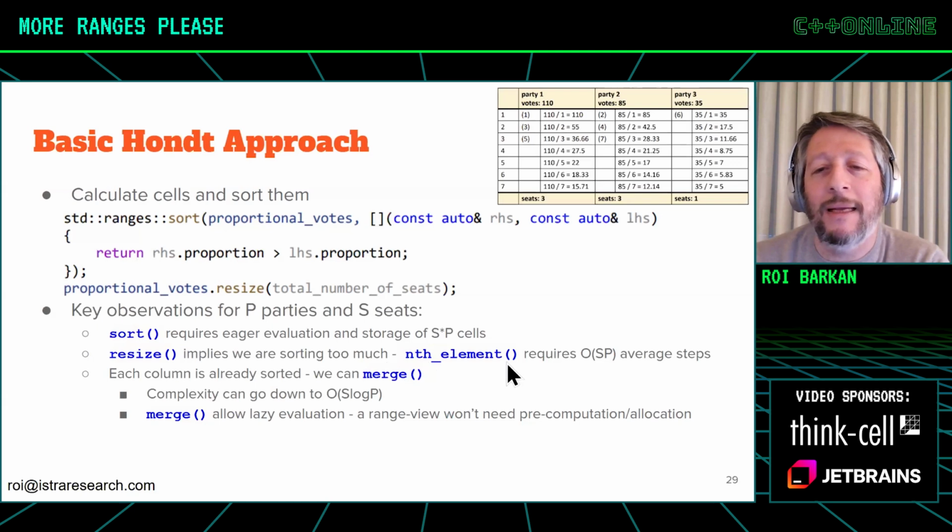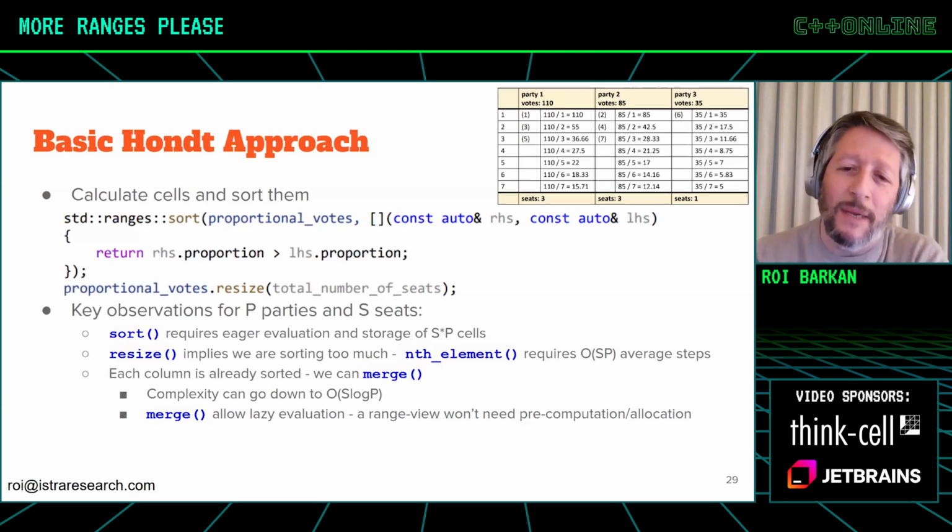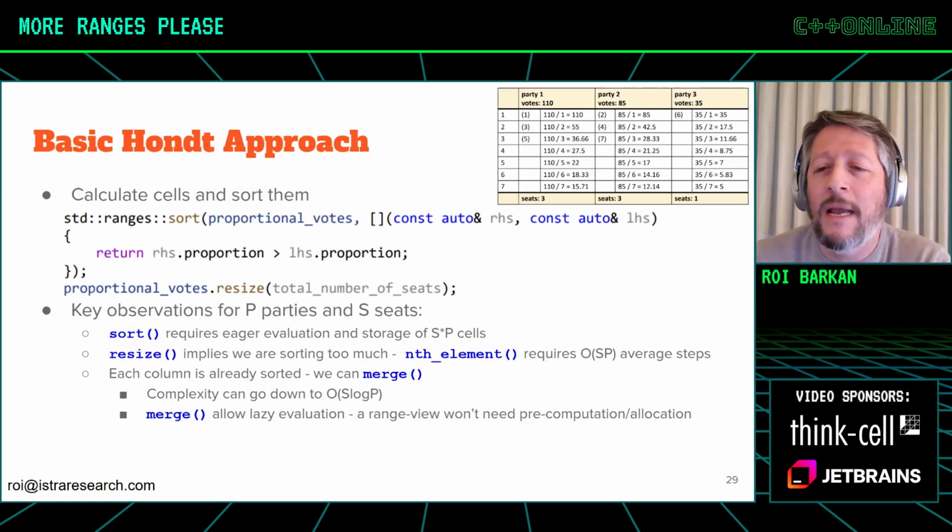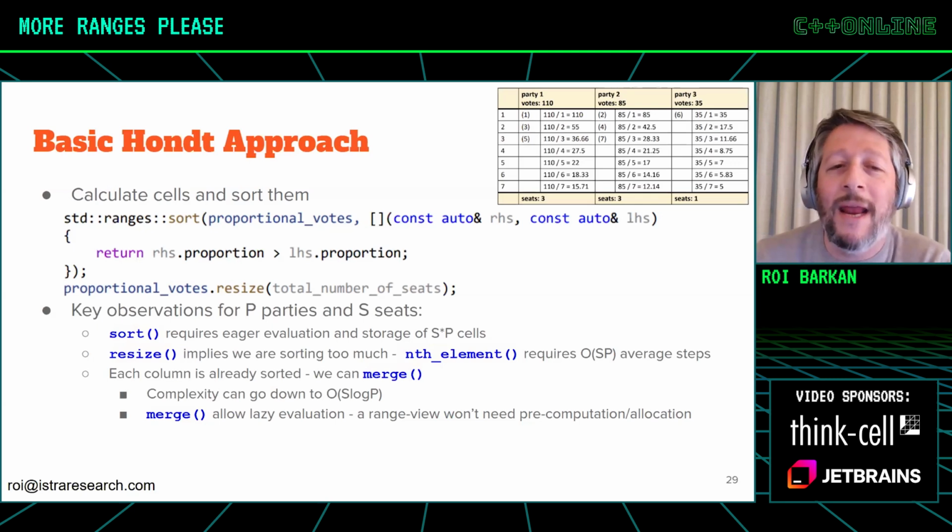And so the first idea that I had is that the STL itself has a better algorithm called nth_element. And I can use nth_element to not sort all of the S times P cells. I only need to find whoever is the nth element, the element number 7 or the element number S, and partition the results such that the top n ones are at the start of the range, and the lesser ones are at the end of the range, and then I could resize and do much, much less work.